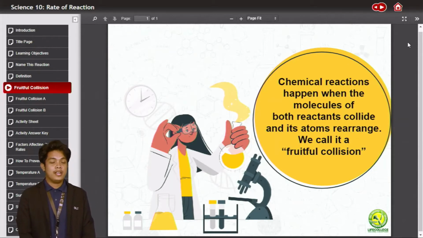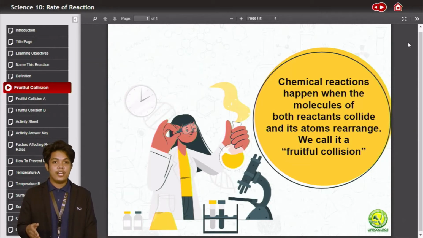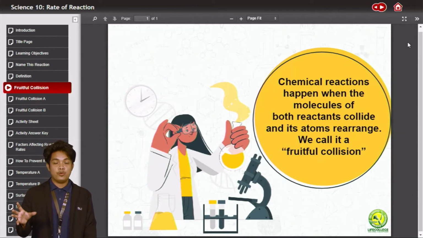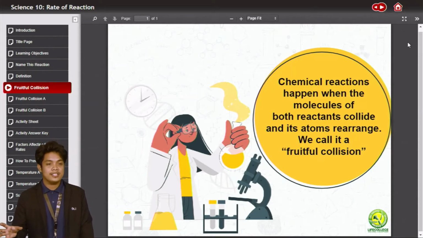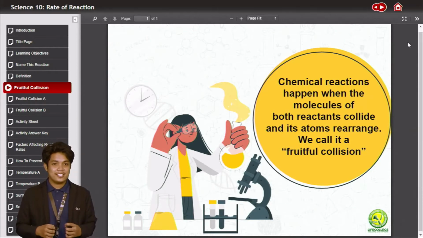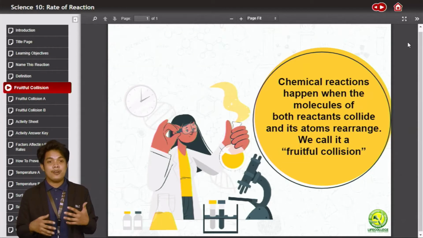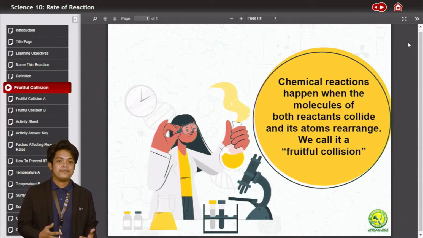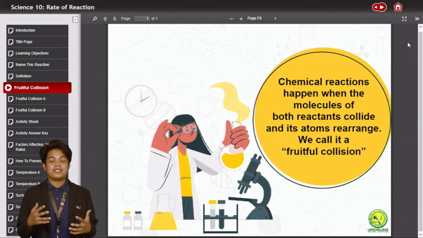There are molecules. We all know that each substance or each compound has different molecules or atoms, right? For them to react with one another, their molecules must collide with each other and rearrange. That's why in our last topic, a chemical reaction happens only when atoms are rearranged.